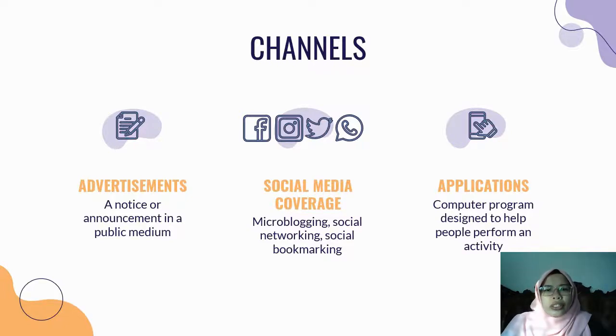Social media are interactive technologies that allow the creation or sharing of information, ideas, career interests, and other forms of expression via virtual communities and networks. For example, microblogging, social networking, and social bookmarking. Application is a computer program designed to help people perform an activity.